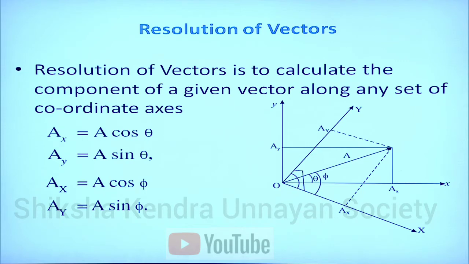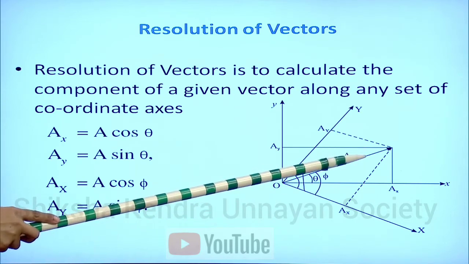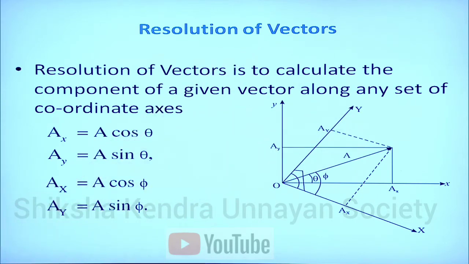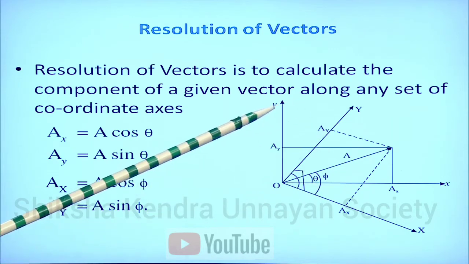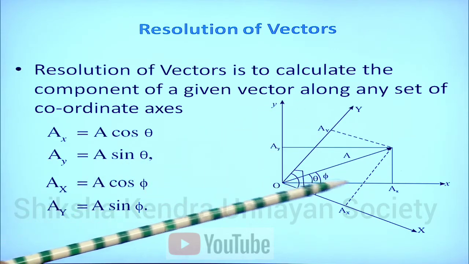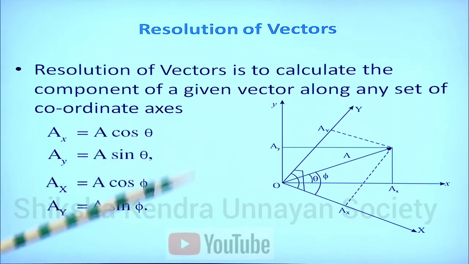As you can see on the screen, here we are taking any vector A. This is vector A. Now, we take any coordinate axis. Suppose we are taking small x and small y as the coordinate axes. This is x axis and this is y axis.